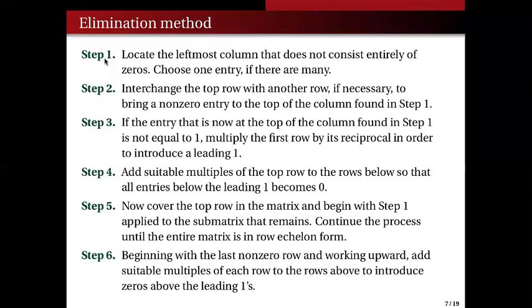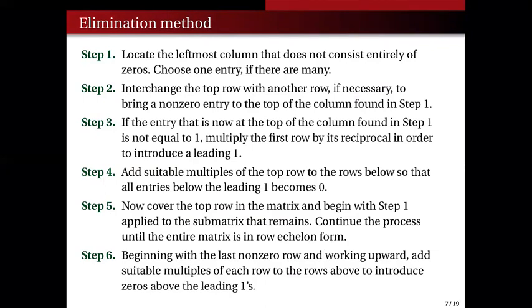So steps 1 up to 5, you will get row echelon form. So you will repeat all the process until you have the row echelon form. Step 1, step 2, step 3, step 4, step 5, then go back to step 1, step 2, step 3, step 4, step 5, then go back again if needed until you have row echelon form. When you have the row echelon form, you now go to step 6.